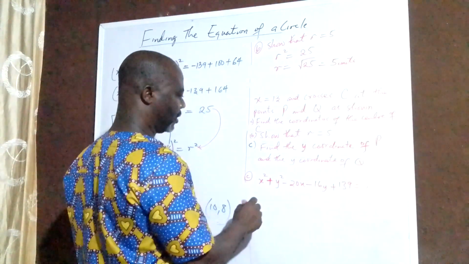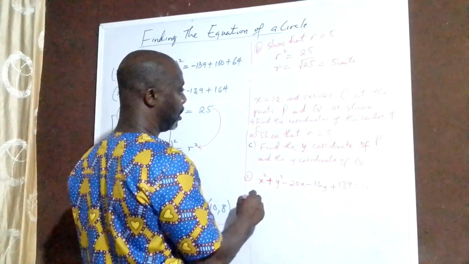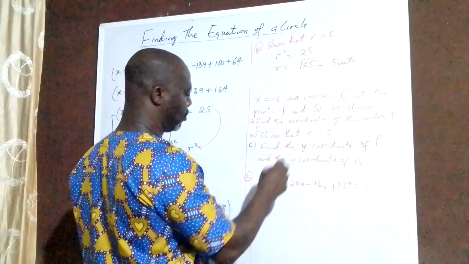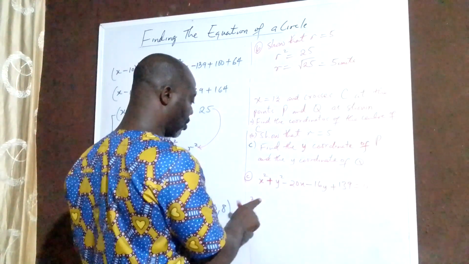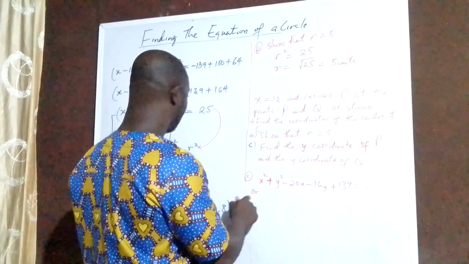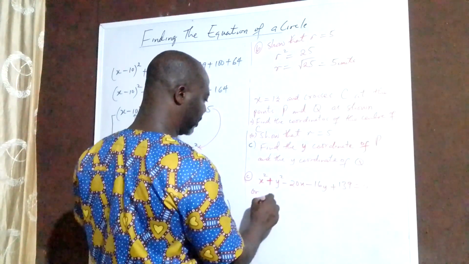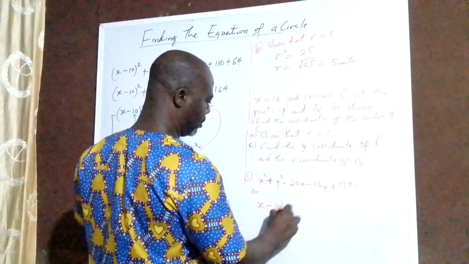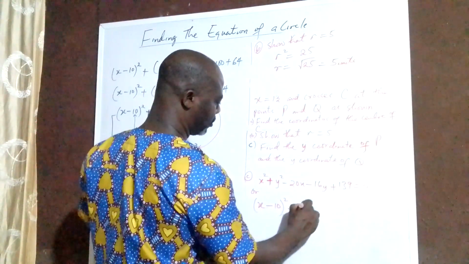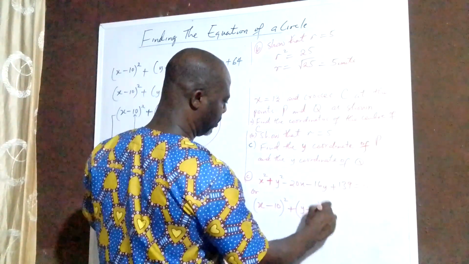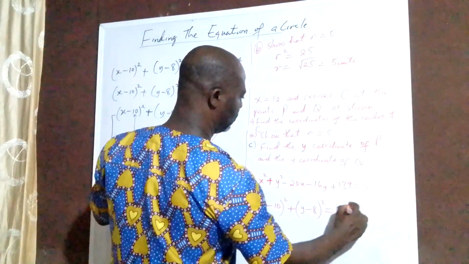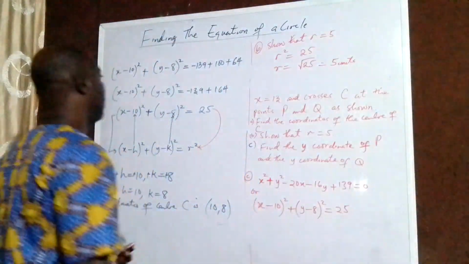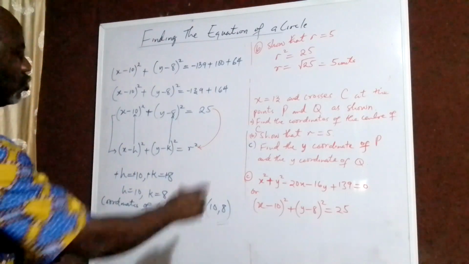So to find the y, we can use this or this, but to make this easy, (x minus 10) squared plus (y minus 8) squared equal to 25. We can use any of these two.